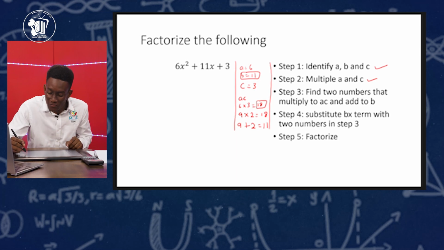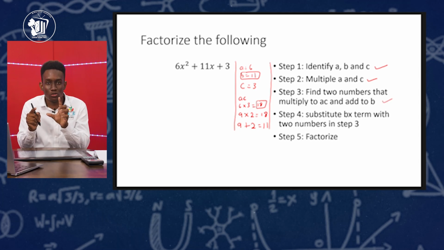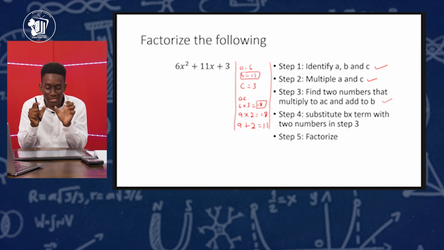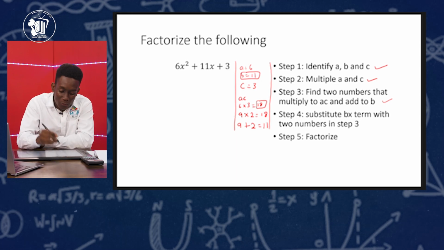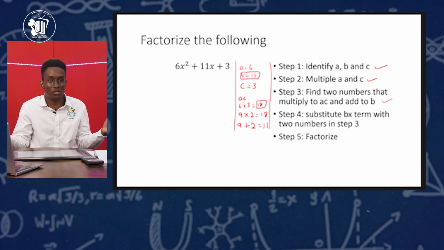After we finish finding these two special numbers, the next thing is to substitute them, basically to replace the middle part here with these two numbers. Ask yourself, why do we replace the bx term with these two numbers?